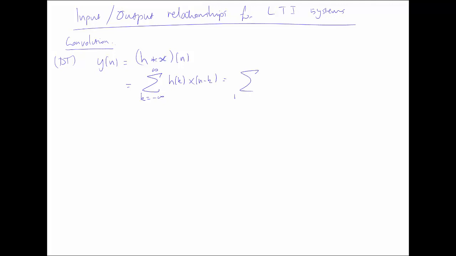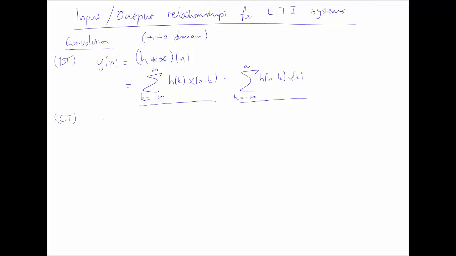Which you can also write with the arguments the other way. For some problems it's easier to think about this formulation, and for other problems it's easier to think about the other formulation. So that's a formula that relates the input and the output and the impulse response, and here everything is in the time domain.